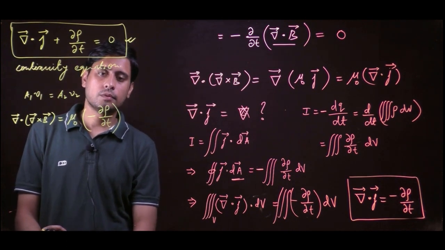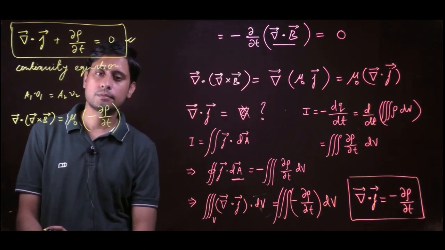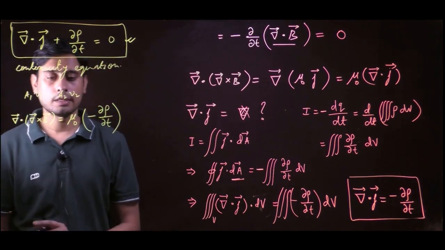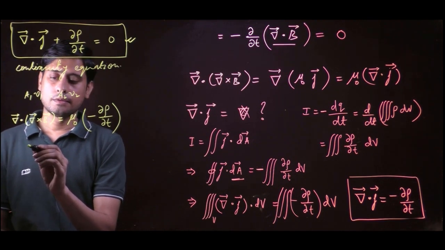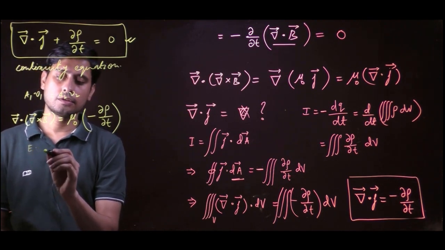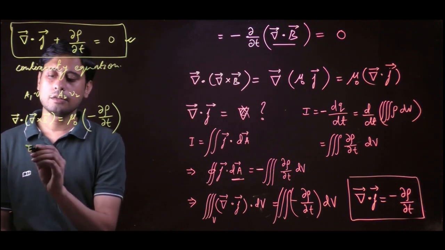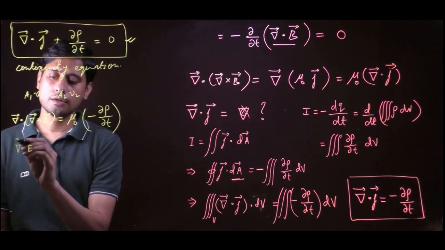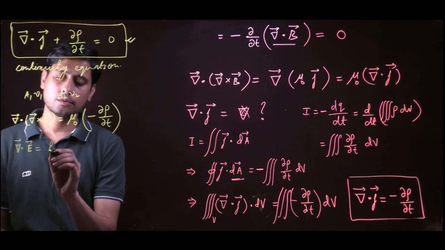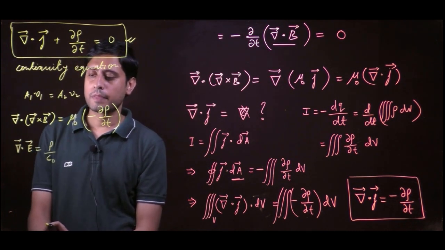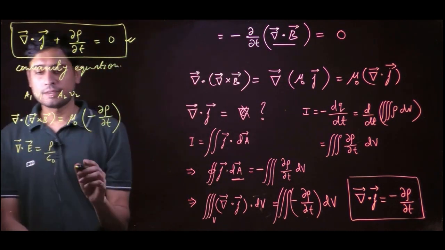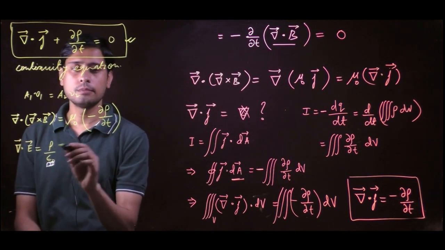Now we will write this rho term in terms of electric field. So how can we write this? You know that from the first equation we have del dot E is equal to rho upon epsilon naught, from the first equation of electromagnetism. So just write this rho term here.